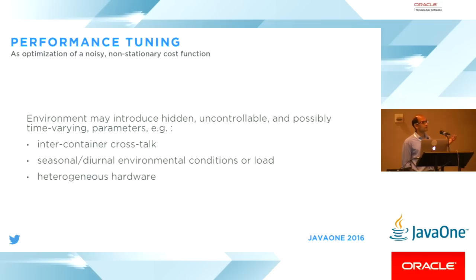So if you just look at the performance metric as a function of the parameters, you'll find that it's noisy because it's running on one kind of hardware or a different kind of hardware, and the value of the performance metric varies.